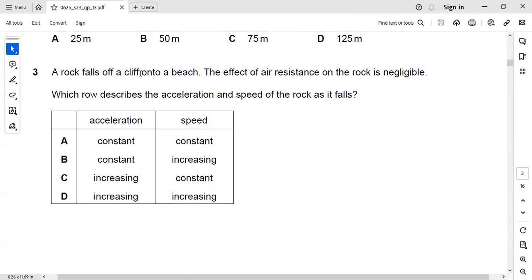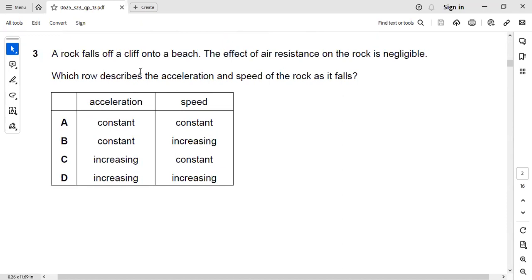Next, a rock falls off a cliff into a beach. The effect of air resistance on the rock is negligible. Which row describes the acceleration and speed of the rock as it falls? When a body is freely falling under the force of gravity with negligible air resistance, it will have uniform acceleration.